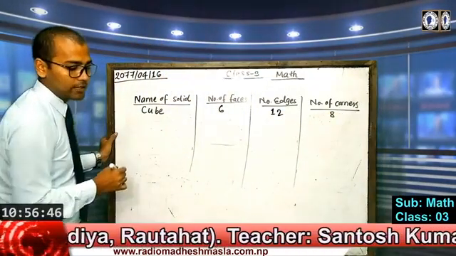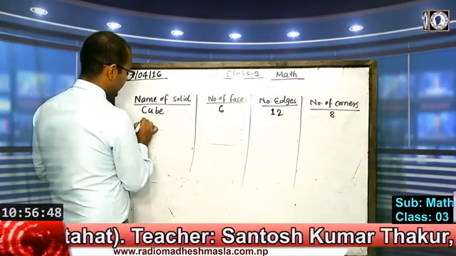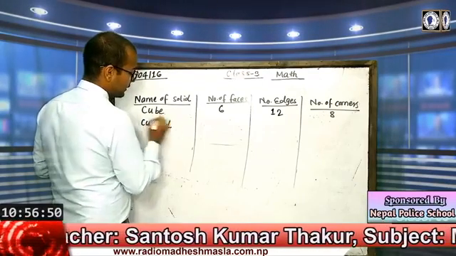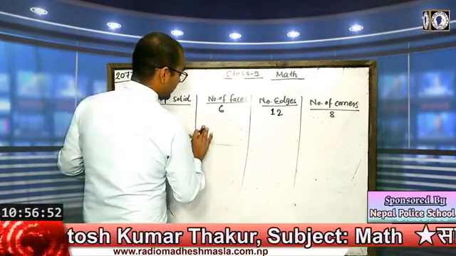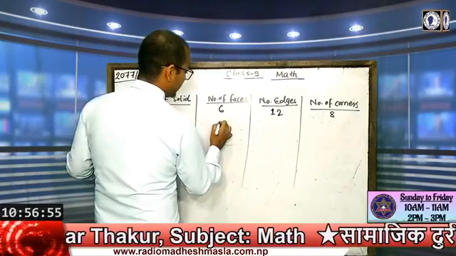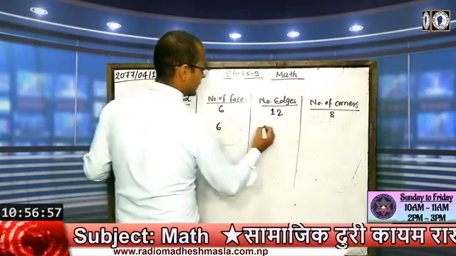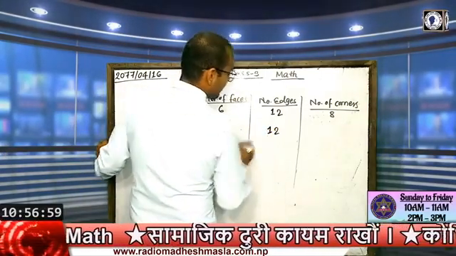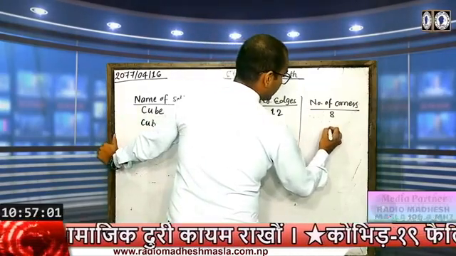In the same way, if we talk about a cuboid, the number of faces are equal to the cube, that means 6. The same way edges 12. In the same way corners 8.